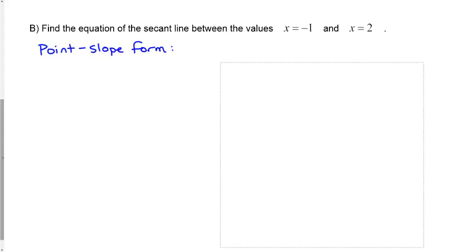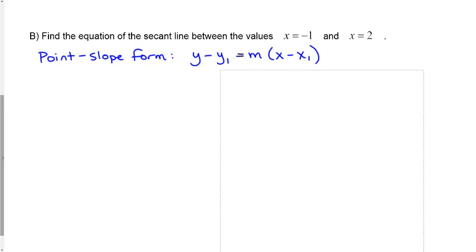And that looks like y minus y1 equals m times x minus x1. It's essentially just the slope formula all over again, but you only need a slope and 1 point for this to work. You don't need 2 points.